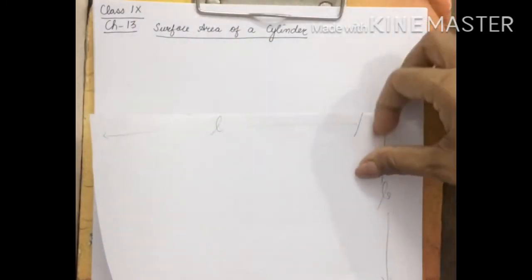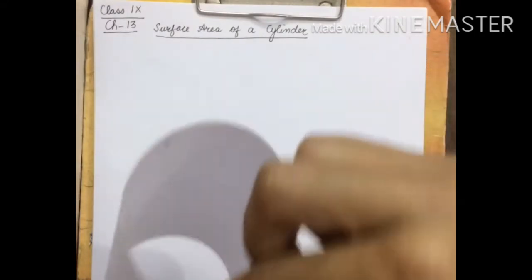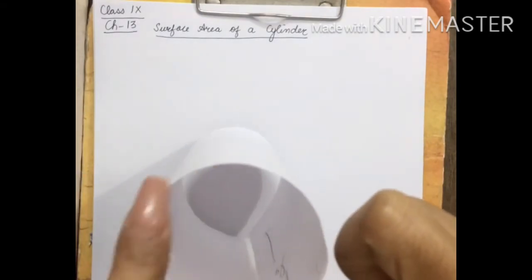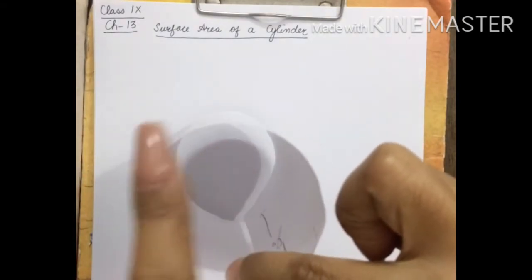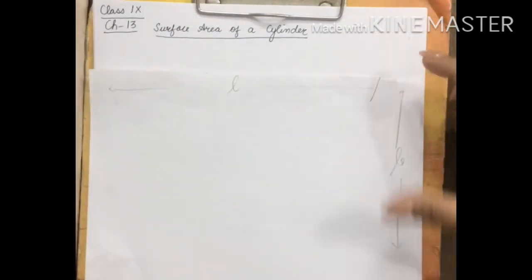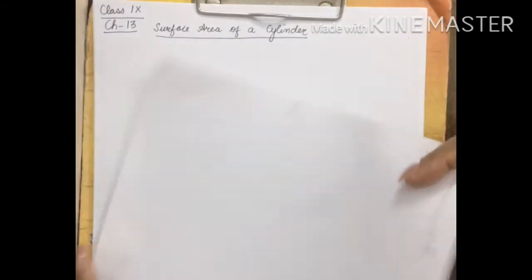The length gets converted into this circular boundary. Your length gets converted into this circular boundary. And the breadth of this sheet, when I roll this sheet along the length, what happened?